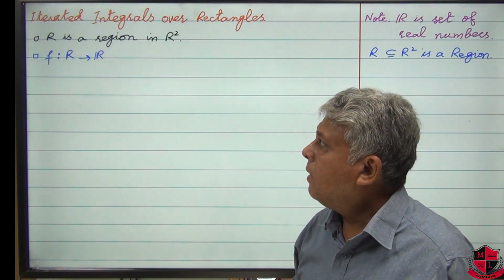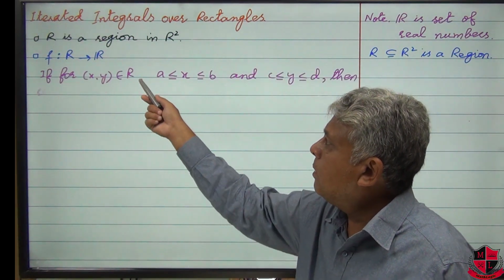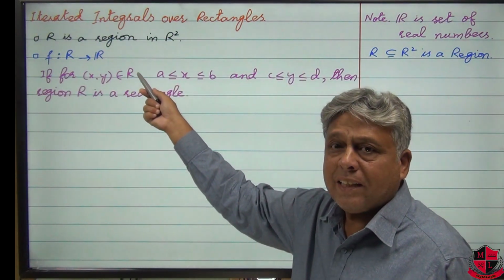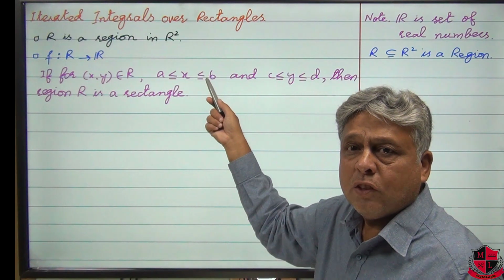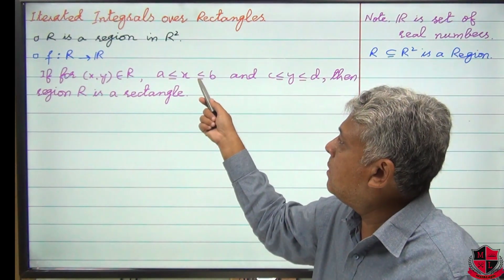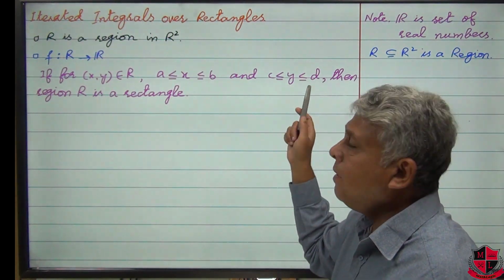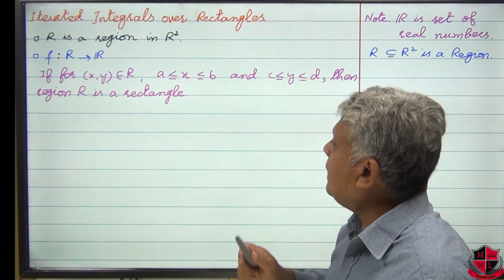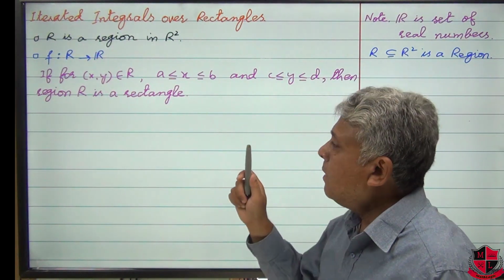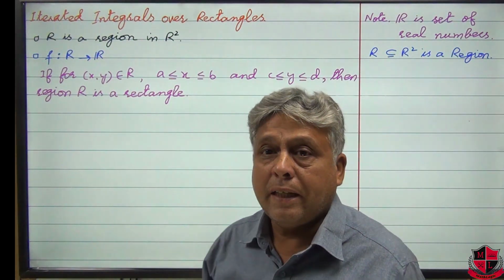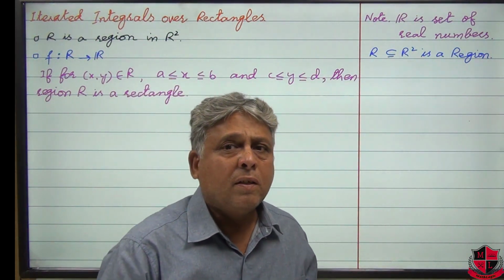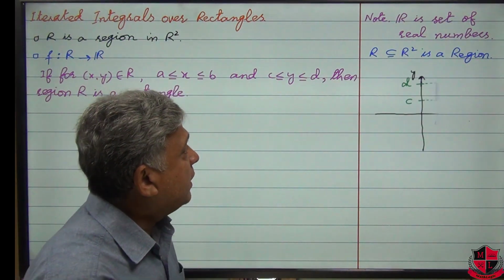What is meant by a rectangular region? If the points xy of the region satisfy these two conditions, that x is between a and b including a and b, and y is between two numbers c and d including c and d, then the region R is a rectangle. The shape of the region will actually be a rectangle.